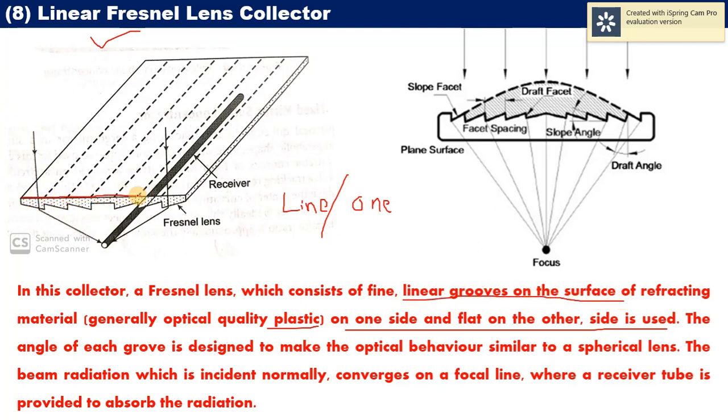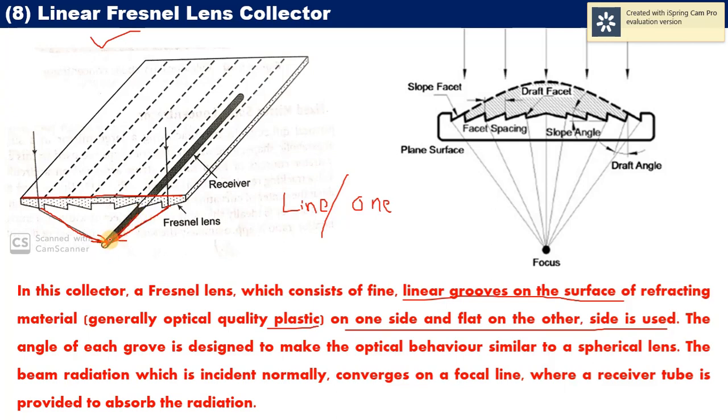The grooves are made in such a way that whenever solar radiation is incident on the surface, it is concentrated on a single line, that is, on the absorber surface.